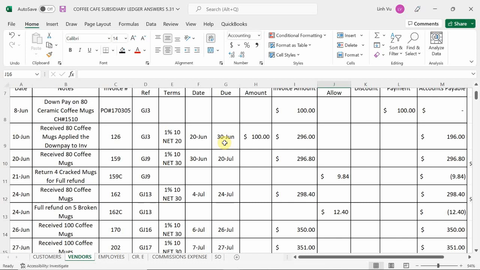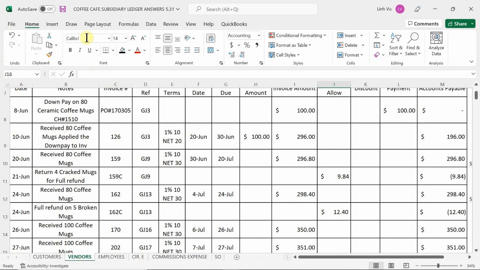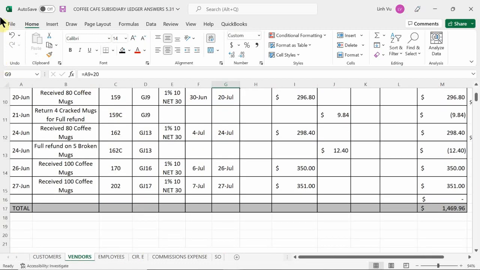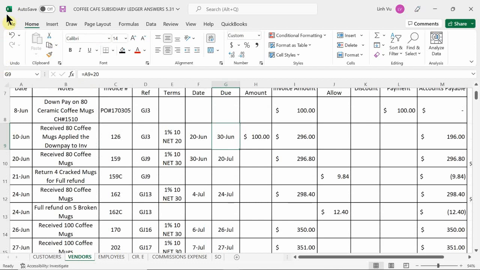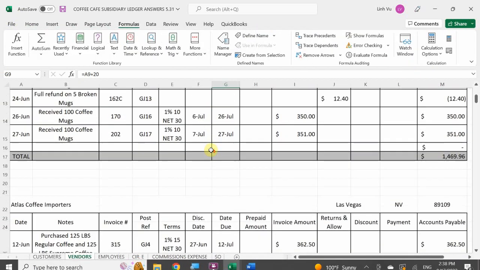Also, for the second one, if we pay on the 30th, we get to take advantage of a discount. If not, the bill is due in July. So every other bill is due in July, so we don't really need to worry about it. We only have one that is due this month, okay, which is the very first batch of ceramic coffee mugs that we purchased.